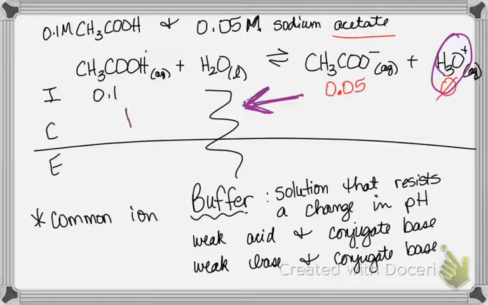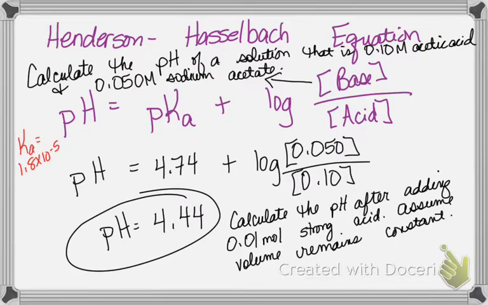If we add something over here, it would shift right. Okay? So if it shifts to the left, that means whatever we added, we're going to have to subtract from the base, and we're going to have to add it to the acid. That's what's going to have to happen for it to shift left. So we're going to subtract it from the base, which is on top, 0.01, and we're going to add it to the acid, which is on the bottom, 0.01.